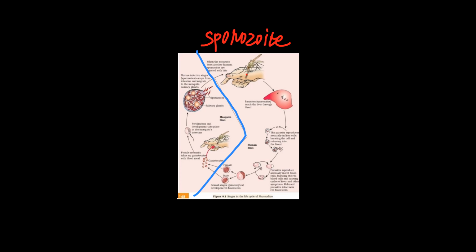When this mosquito bites the human to suck the blood, first of all, it introduces its penetrating mouth part into the skin, reaching up to the blood supply so that it can suck the blood out of it. While doing so, it liberates a small amount of saliva into that region.